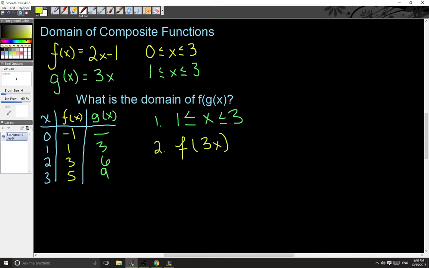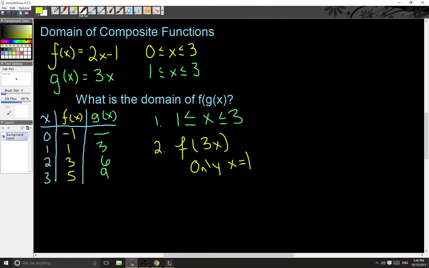So let's write down what we found. We basically found that only x equals 1 works for this rule.